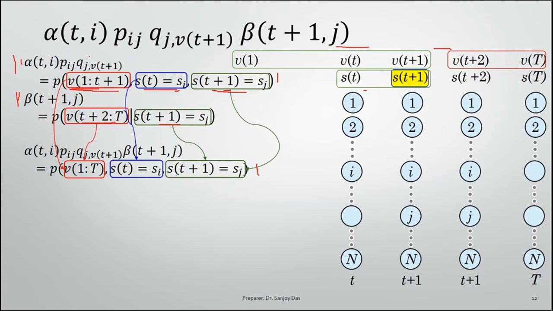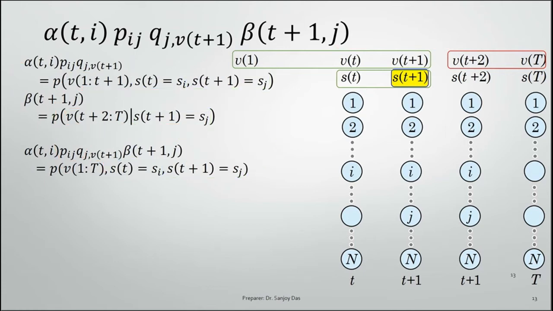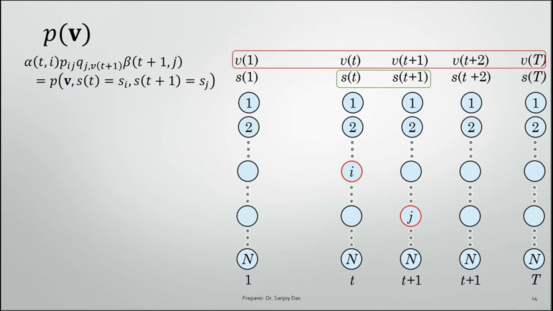So this is what I have. The product alpha t(i), Pij, Qj(Vt+1), beta t+1(j) is equal to the probability of the entire output vector and the consecutive states at time t and t+1 being Si and Sj. Okay, so this is what I wrote here. The same product is given by this probability.